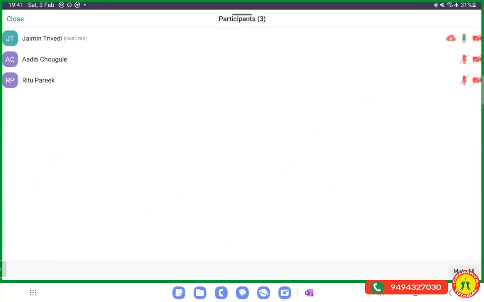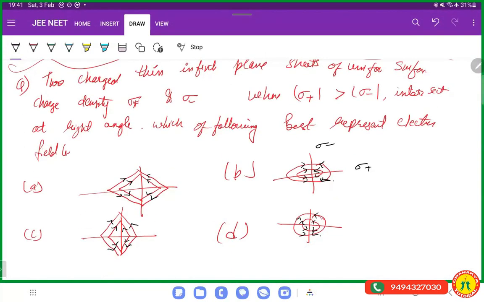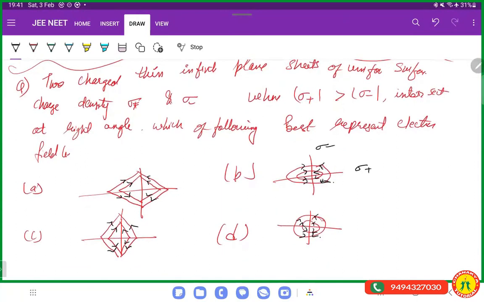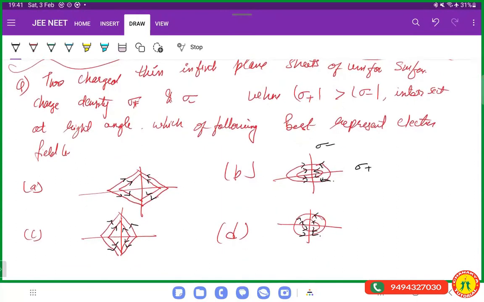See, first thing we can see from this line, the right angle, the following best representation, intersect at right angle.